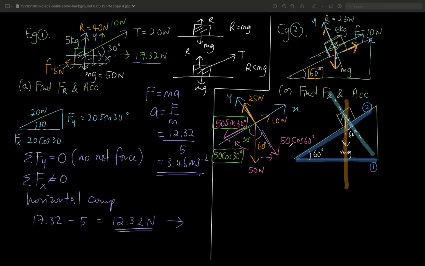Okay, this one is the same thing. 50 cos 60. I can also say that this is 50 sin 30 because I'm moving away from the 30 angle. Okay, then these two, when you calculate, you get the same value.